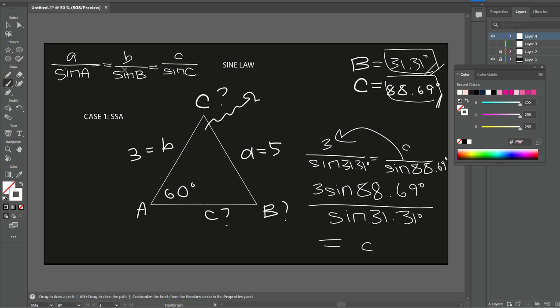You can either use this or this, and it will yield the same answer. You can use A or you can use B to get the result of C.